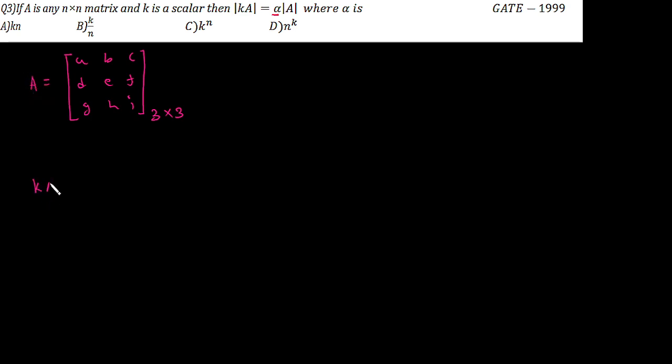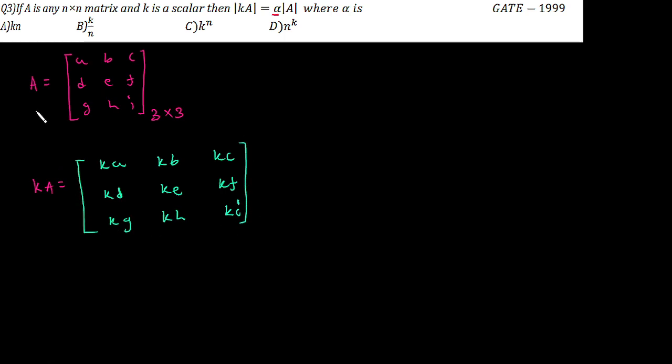We just multiply all the entries in the matrix with the scalar K. So we can write Ka in the first entry, then Kb and Kc. On the second row we get Kd, Ke and Kf. On the last row we get Kg, Kh and Ki.